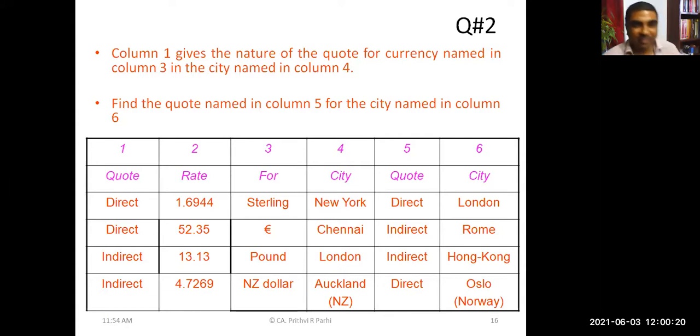Are you getting it? Yes, sir. Okay, Newark is dollar. That means this quote is dollar by pound. Dollar by pound is 1.69.